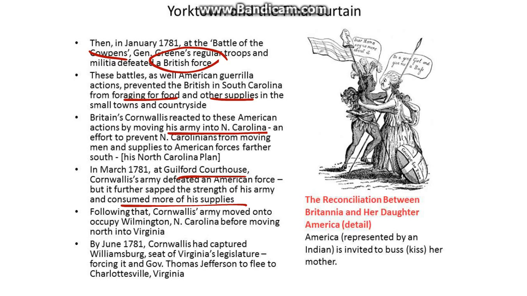Following that, Cornwallis's army moved to occupy Wilmington, North Carolina, before moving north into Virginia. By June of 1781, Cornwallis had captured Williamsburg, the seat of Virginia's legislature, forcing it and Governor Thomas Jefferson to flee to Charlottesville, Virginia.